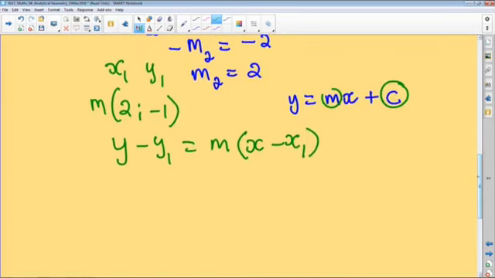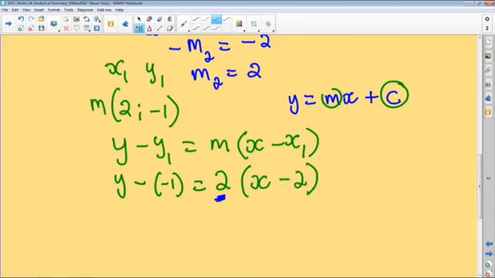So now you'll have y minus the y1, which is minus 1, equals m. Now the gradient of the new line is 2. Remember that the other one was negative half. So x minus x1 is 2.